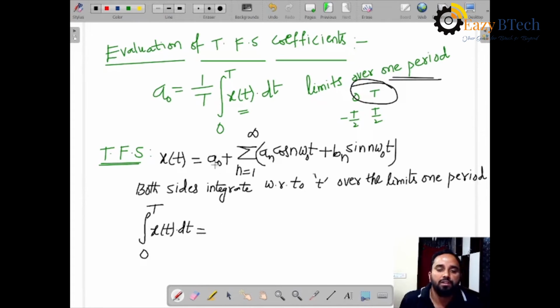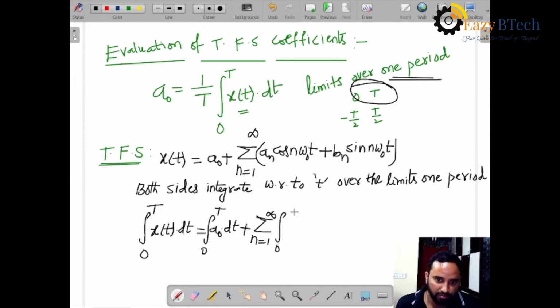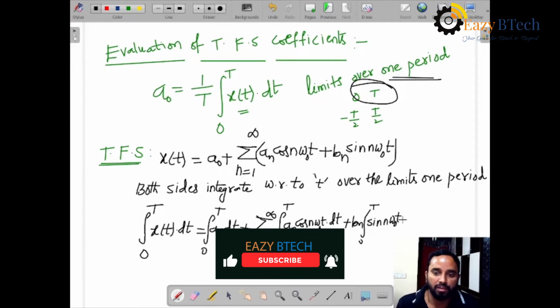So on the right side we have a naught times integration 0 to T dt, and we have summation 1 to infinity, and again integration of a n cos n omega naught t dt, plus again b n, which you can write outside the integral, no problem, 0 to T sin n omega naught t dt.